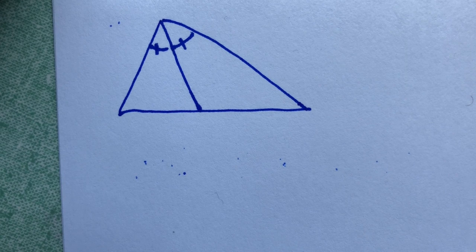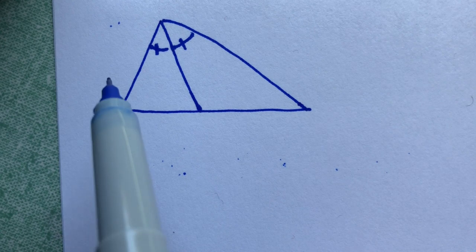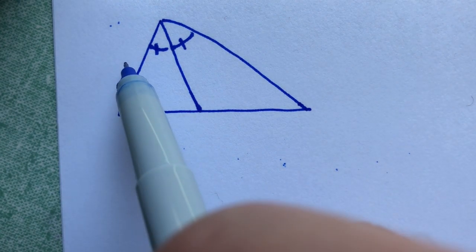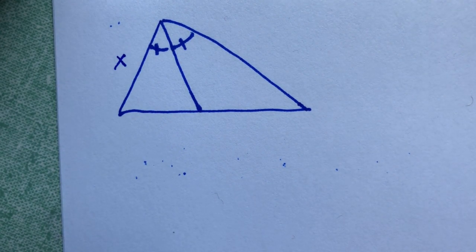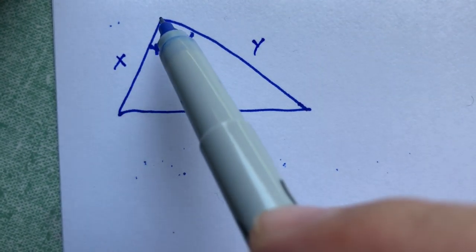Now, when you have an angle bisector, we get some interesting relationships that can work nicely in finding missing side lengths. If I call this side length x, and let's say that side has a length of y, these are the two sides that make the angle being bisected.